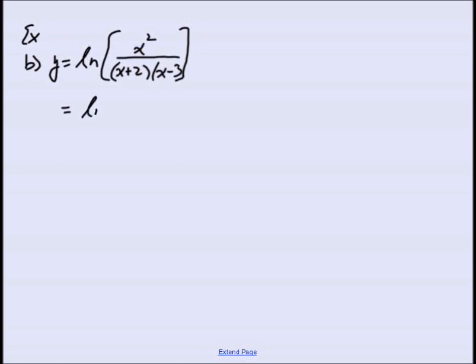So we could say ln x squared subtract ln x plus 2 plus ln x minus 3. Okay, be careful how you are setting this up to make sure you don't end up with addition instead of subtraction.